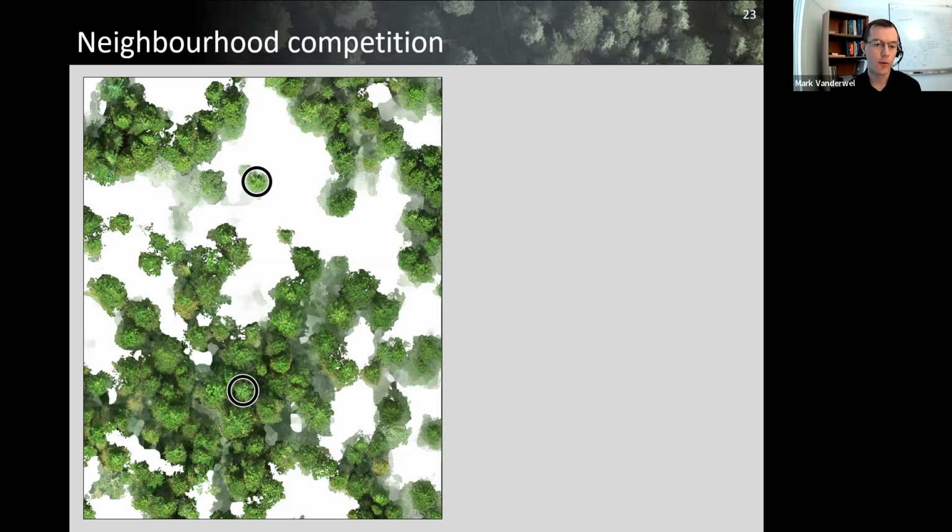And so what we wanted to do was develop a measure of neighborhood competition based on the canopy structures surrounding these individual tree crowns. The way we did that is that we defined a circle with a 15-meter radius around each individual tree's crown.